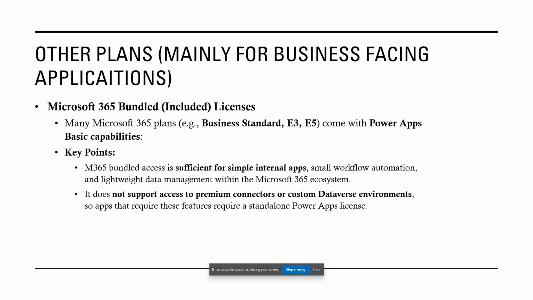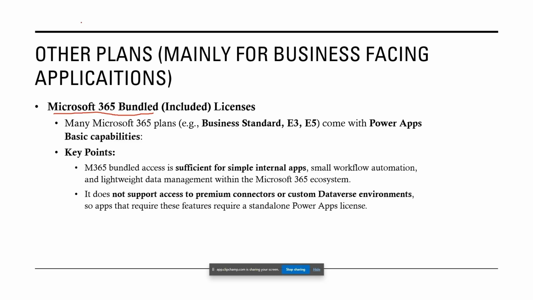The plan that almost all businesses will use to get their Power Apps licenses is the M365 bundle. So all businesses will have Office licenses. Before, they used to call M365 Office licenses, right? Office will contain things like Word, PowerPoint, Excel, and all that, and OneDrive.